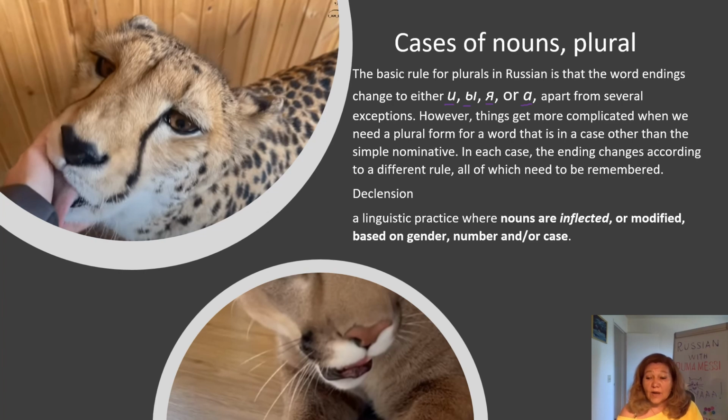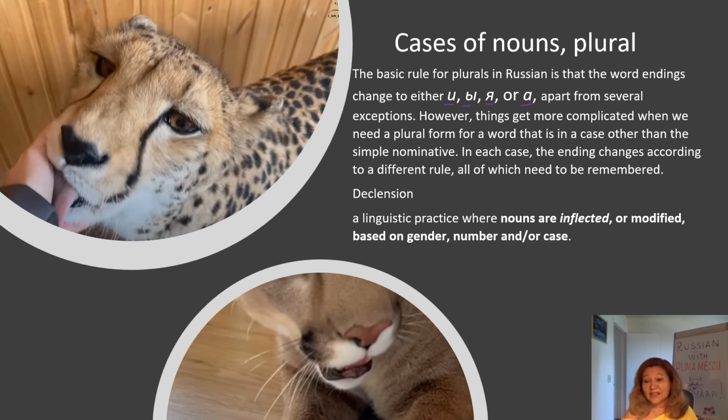Again, we are not here for you to be able to form the plural of any noun in the shortest possible way. No, our task is to be able to recognize nouns in context, nouns in speech, and realize that they all have endings that belong to different cases.